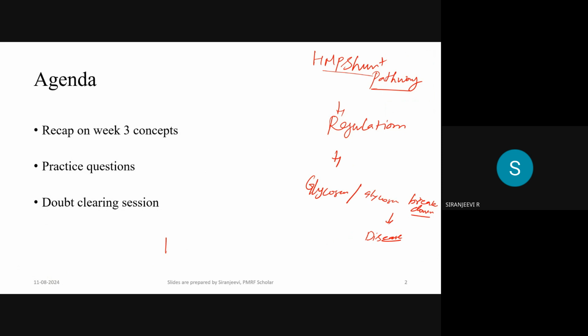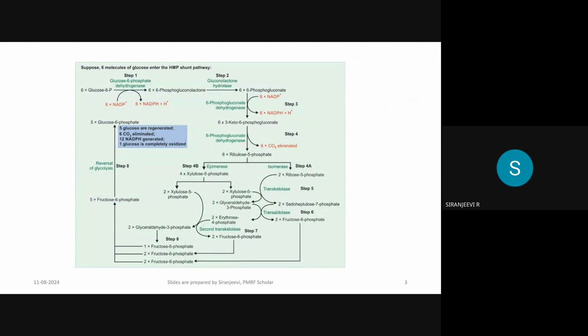If you go back to glucose 6 phosphate levels, we usually know that in glycolysis glucose will be converted to glucose 6 phosphate by the action of hexokinase or glucokinase.